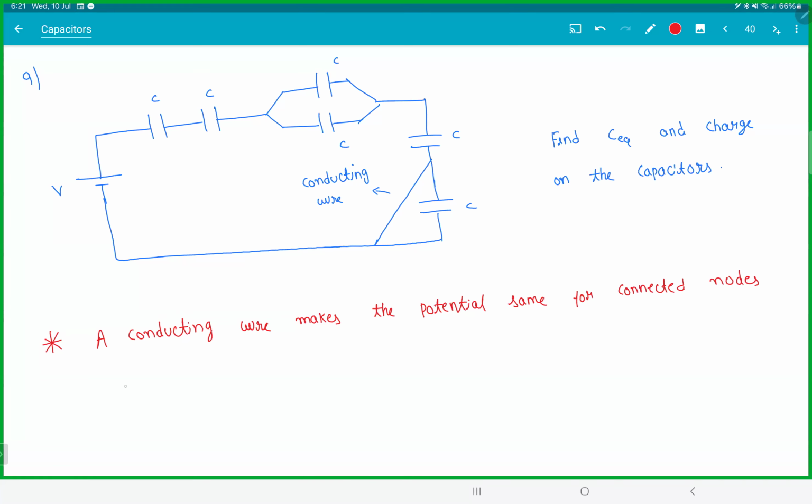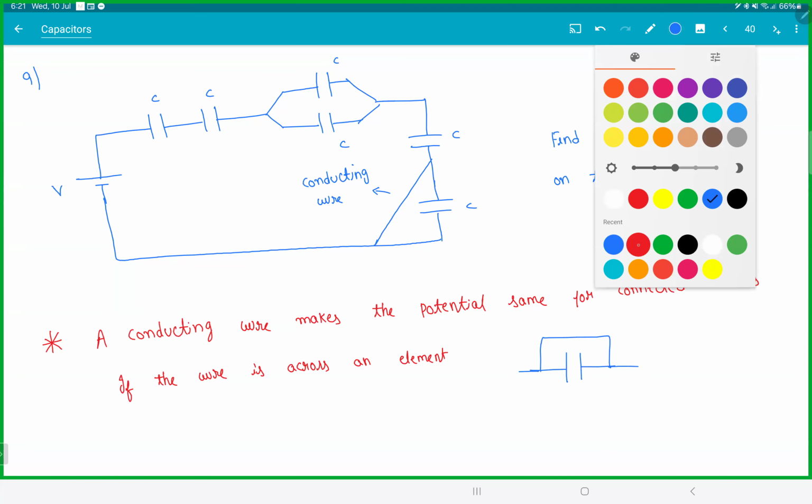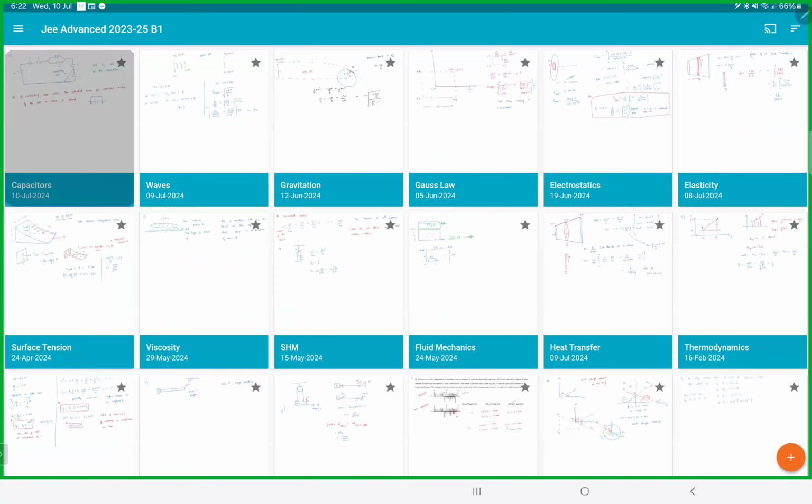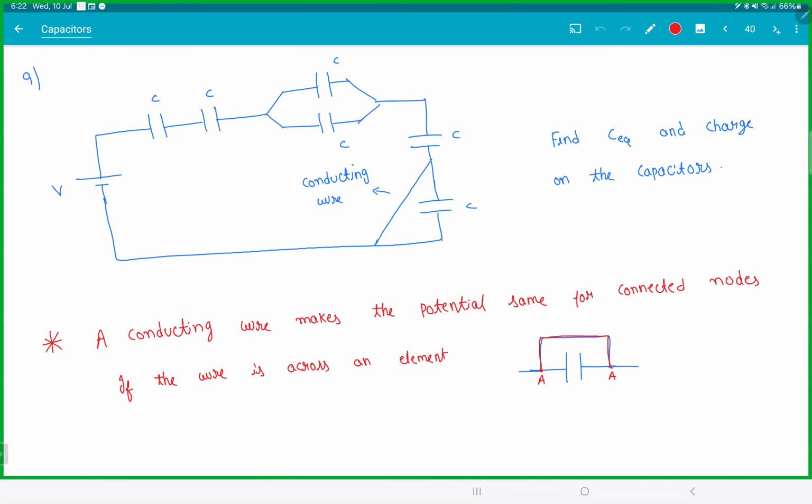Now if the wire is across an element, that element can be a resistor, a capacitor, an inductor, anything. If you have it like this, you made this point A, so this point is also A. Both the points are at the same potential, so the potential difference is 0.